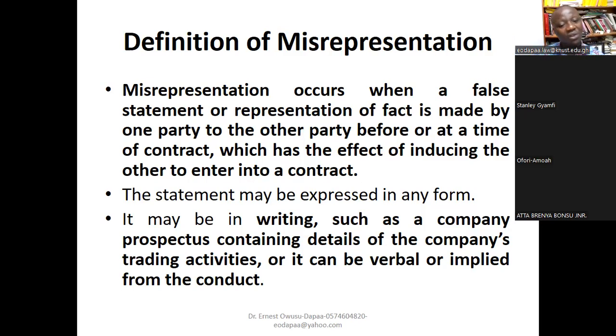Good. Of course, the statement giving rise to misrepresentation can be in any form. It can be in writing, for example, as in a company's prospectus. When you say a company's prospectus, that is, if a company wants to invite other people to come and subscribe for its shares or other securities, the company will package information about itself.